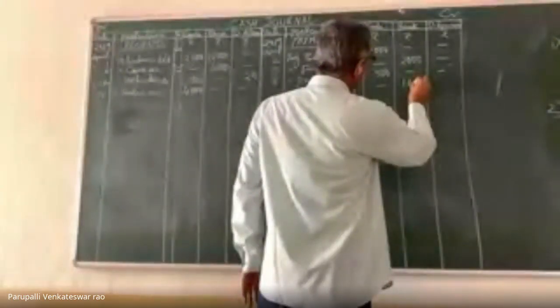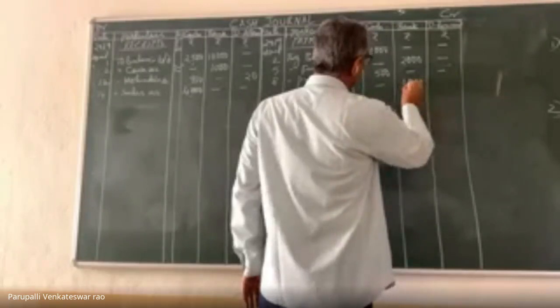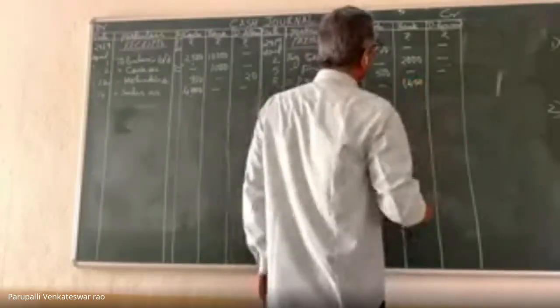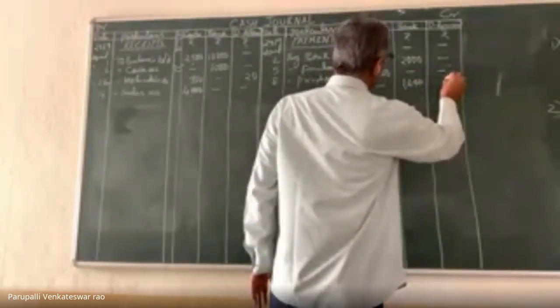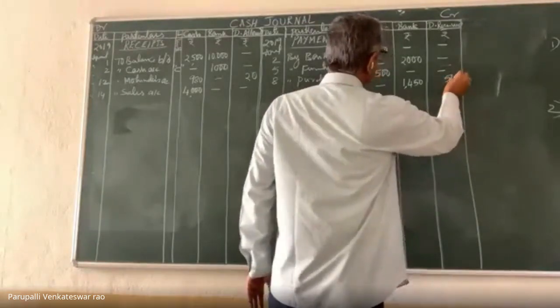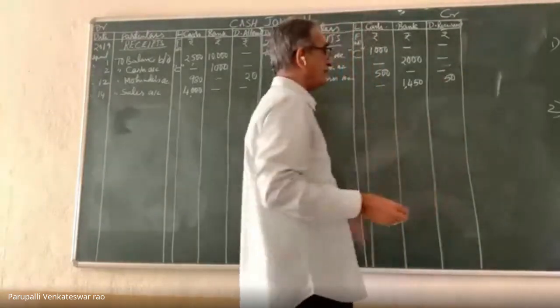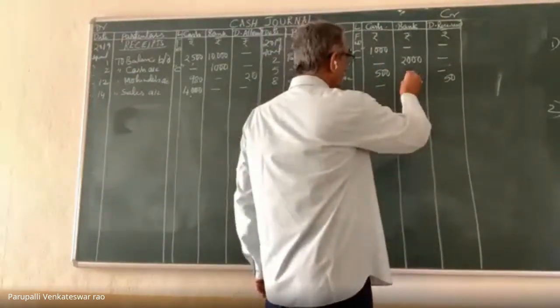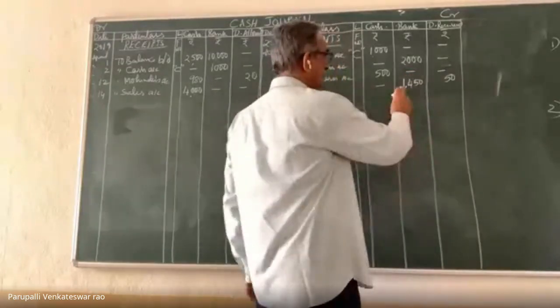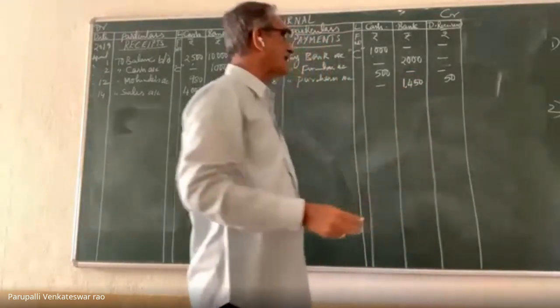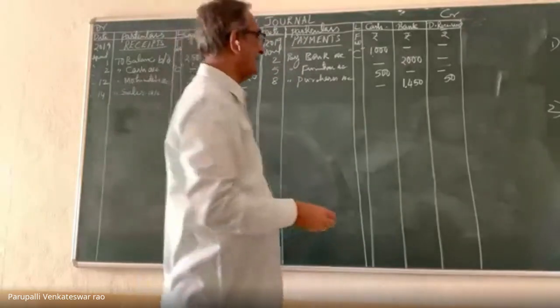1450. Record 1450 in the bank column because paid from bank. Check means bank. What is the discount received? 50 rupees is profit for us. It is a discount allowed by Amarnath. He allowed, we received. Amarnath allowed a discount of 50. It is a gain.